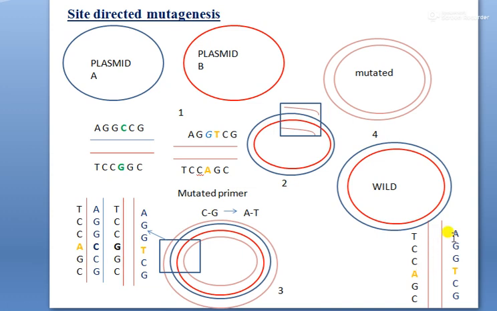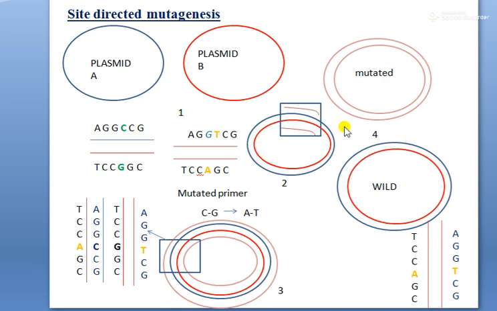Look at this picture. It developed this kind of sequence in one daughter DNA, and this kind of sequence in the other daughter DNA, right? So after this process, this host cell goes through multiplication and develops other cells which contain mutant DNA, and also wild DNA. So we can find our desired DNA in the daughter cell, right?